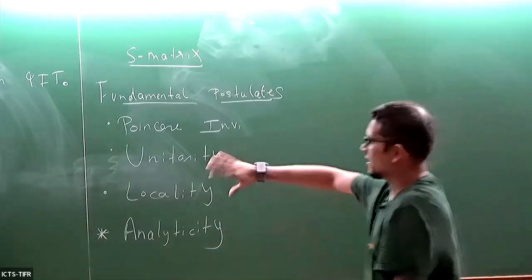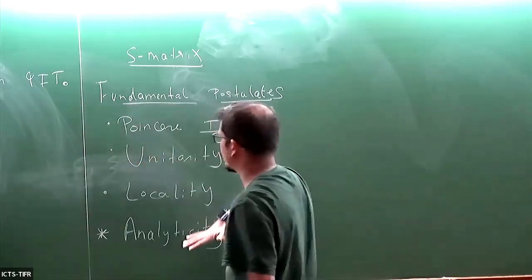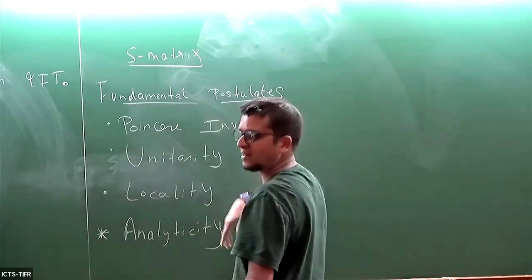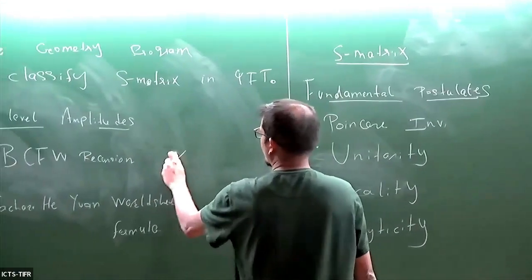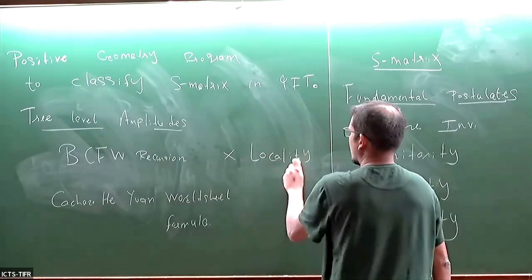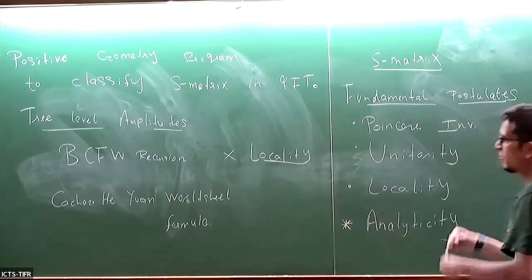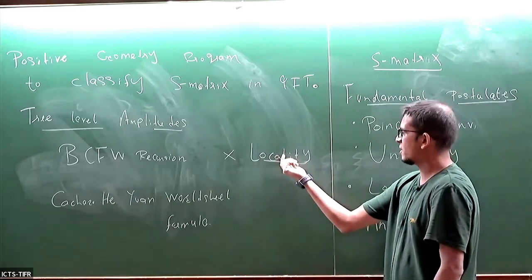But if you look at these recursion relations, even for tree level amplitudes, we see that they start sacrificing some of these postulates while building the amplitude. For example, the BCFW recursion relation compromises locality. It builds S matrices from lower point amplitudes where particles always remain on shell. So there are no fields in the game when you build these amplitudes, and obviously in the intermediate steps of a calculation you will not have locality.